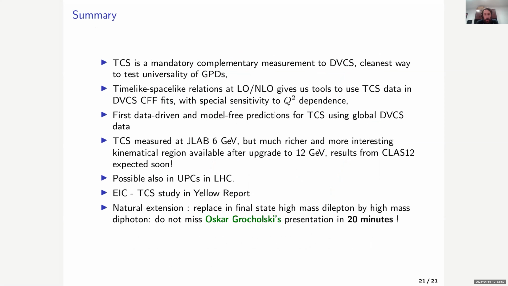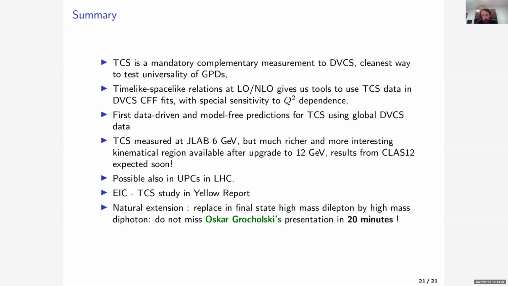And we have this nice time-like space-like relation that gives you tools to use the TCS data combined with DVCS to extract the Compton form factors. And we have this special sensitivity to Q-square dependence. And we have presented the first really data-driven and model-free predictions for TCS using just the DVCS data and no modeling.